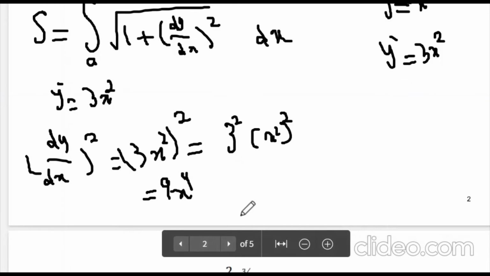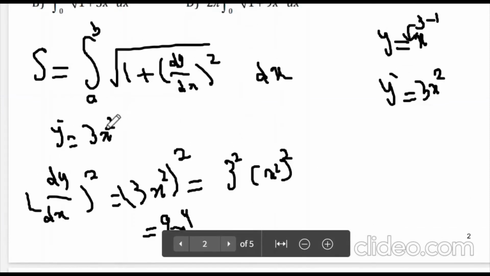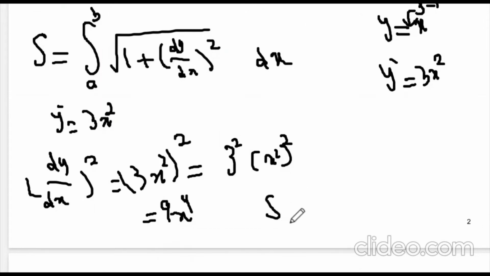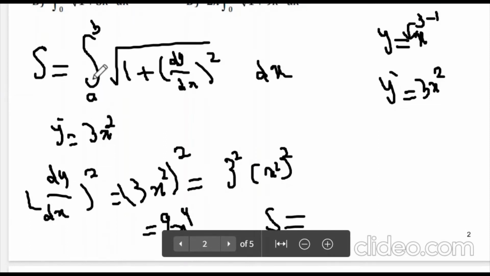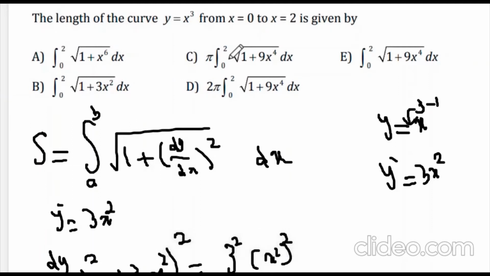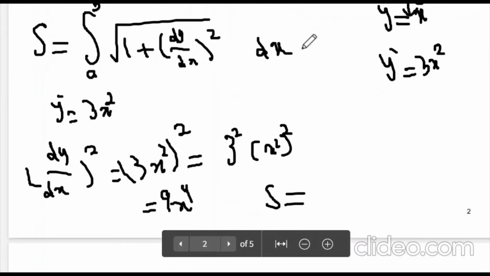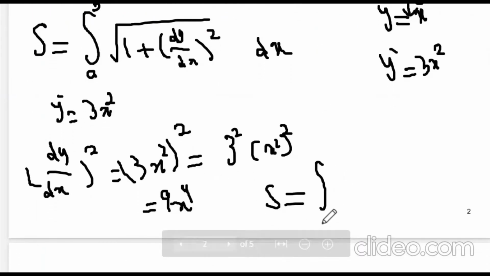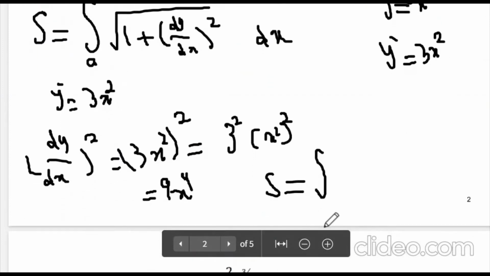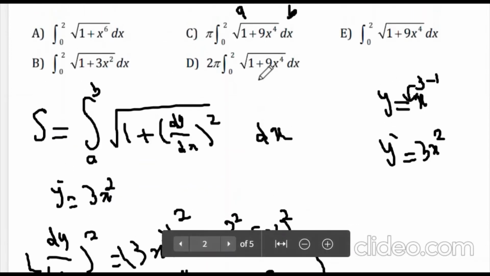And now we're going to use it in the formula. So here we have the arc length, so S equals the definite integral between a and b. How to find that? Here in the formula it's given. So x equals 0 is a, and x equals 2 is b. So the definite integral, as we find here, a is 0 and b is 2.